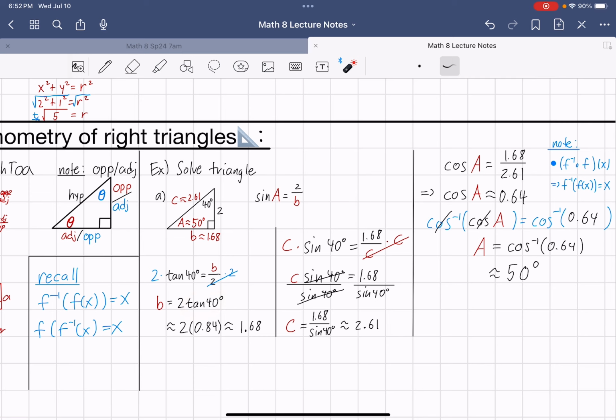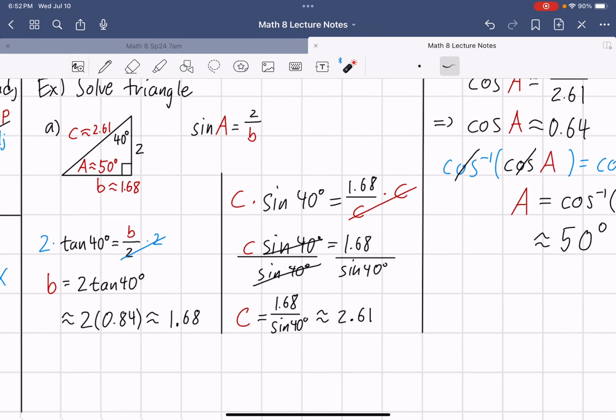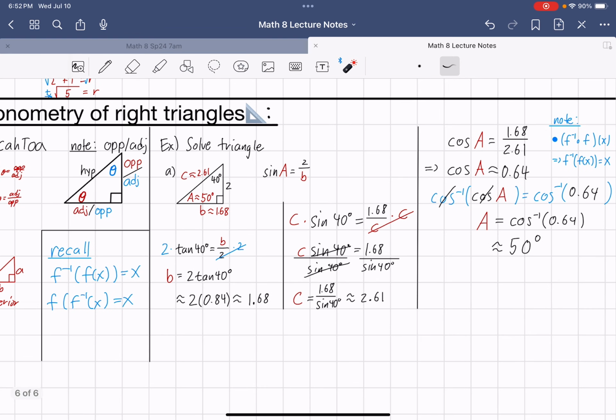Tangent 40 is rounded, this multiplication is the product of rounding tangent 40, we rounded sine 40, and then we divided those numbers. Hence, what we use is going to give us something slightly different. So it's something that we have to keep in mind. There's a lot of rounding that goes on here. And that is our complete circle.